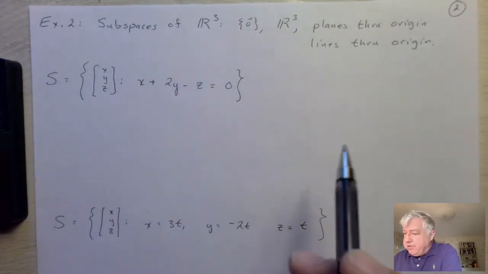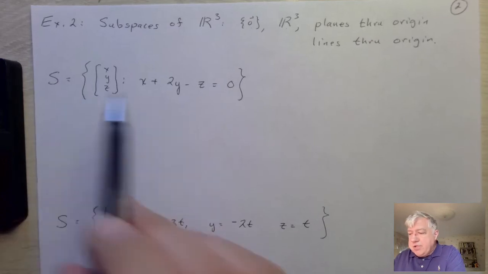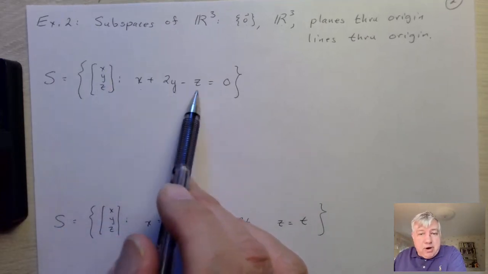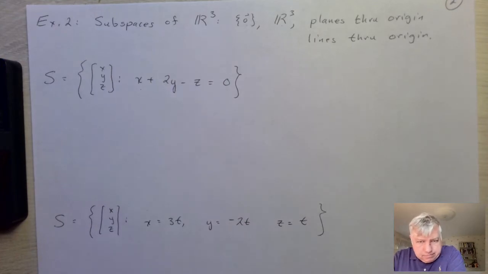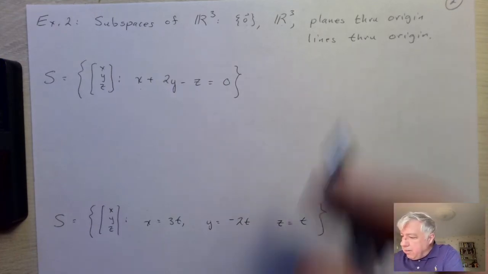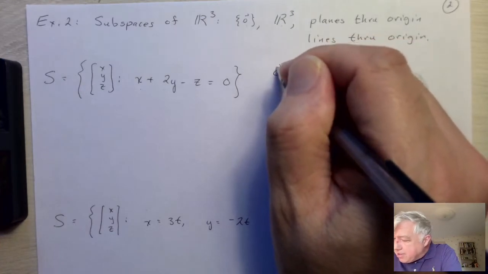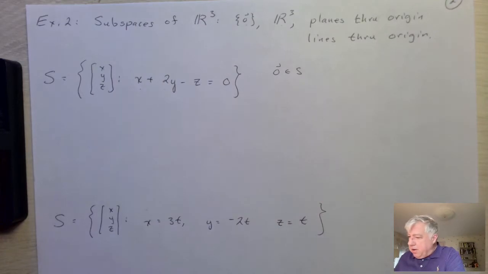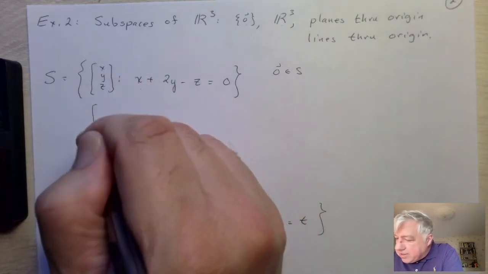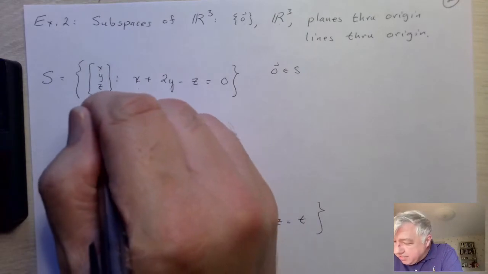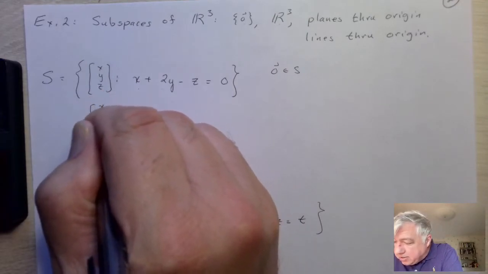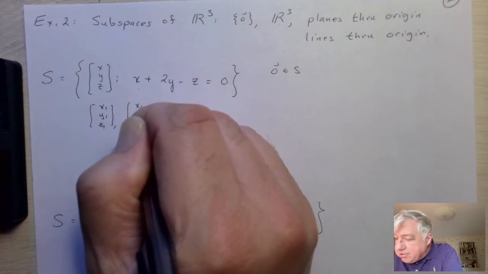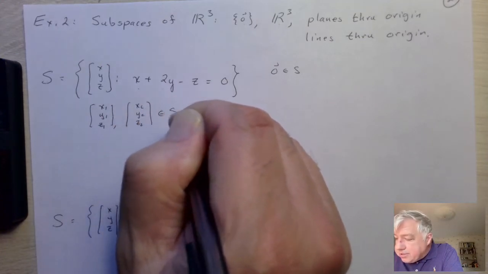So if we wanted to, this first example, S corresponds to the points on the plane given by x plus 2y minus z equals 0. We can clearly see that 0 is in S, right? 0 plus 0 minus 0 is 0. Let's take two arbitrary elements in S, (x1, y1, z1) and (x2, y2, z2).